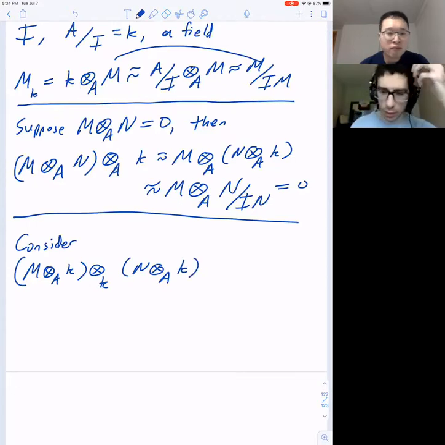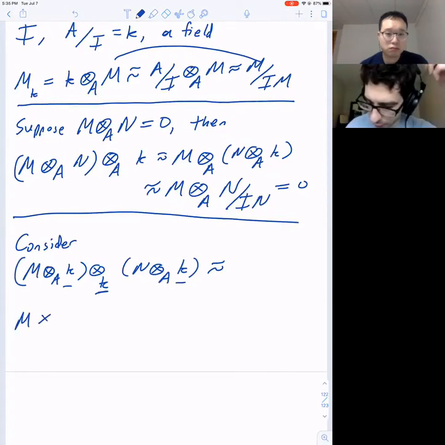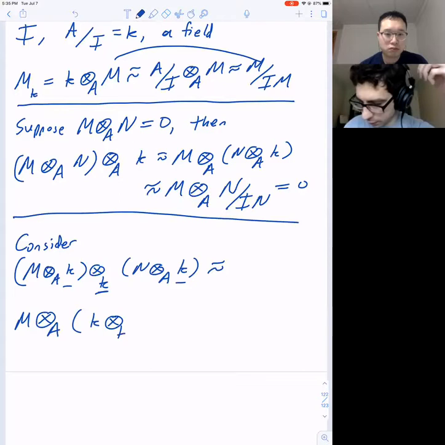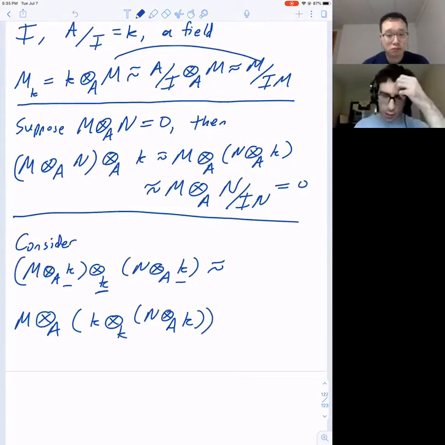Notice that in this case, this is K, this is K, this is K. So this is isomorphic to M tensor_A K tensor_K N tensor_A K. Why is this isomorphism true?